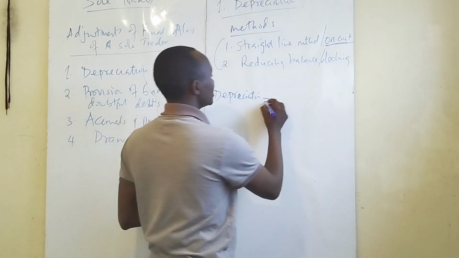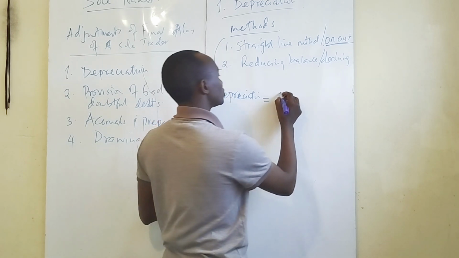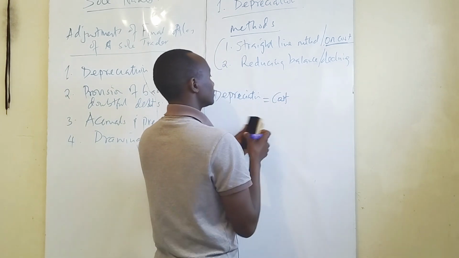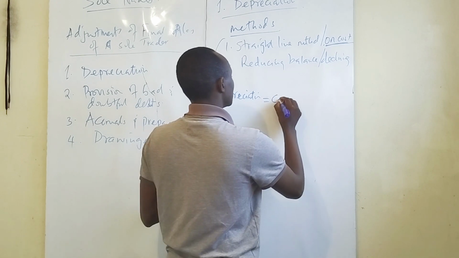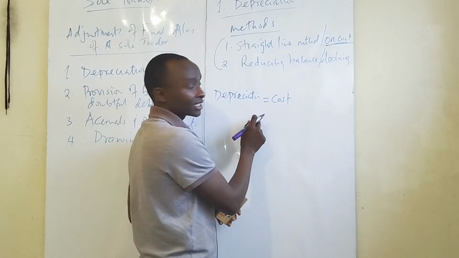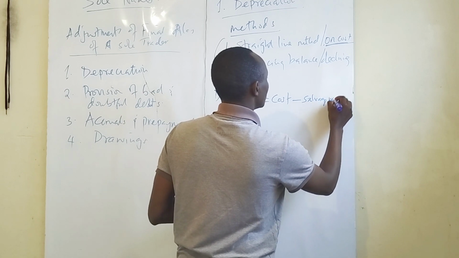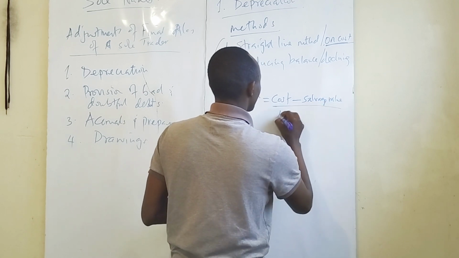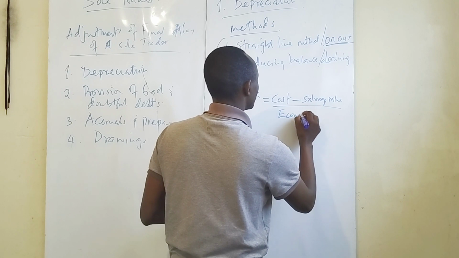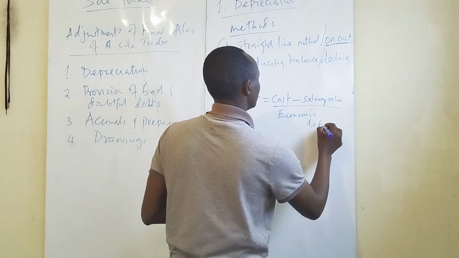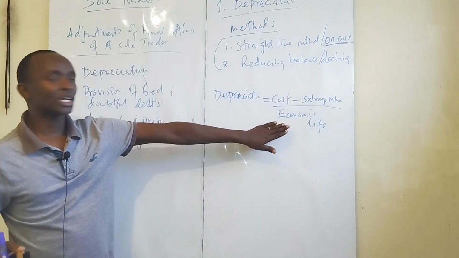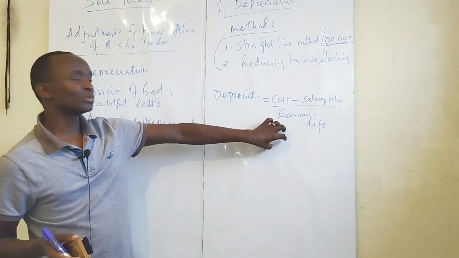The formula is: depreciation is equal to the cost of that non-current asset, less the salvage value, divided by the economic life. This is the general formula of depreciation.